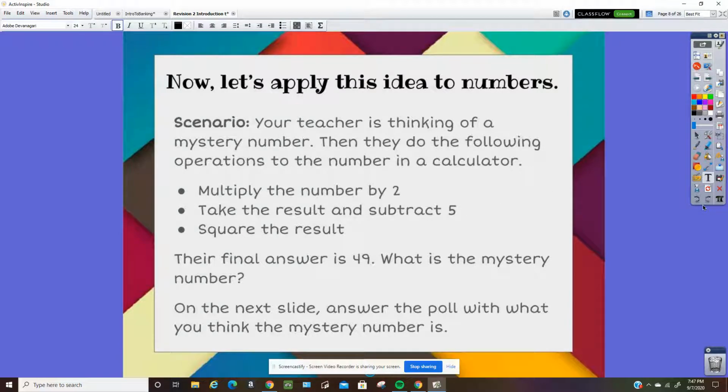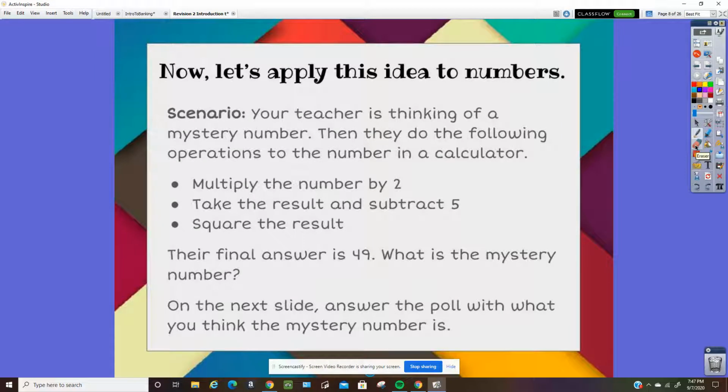So what you need to do first is, since the last thing we did was square the number, the first thing we're going to do here is, let me select a pen. I can't seem to get my tablet to work here, but let me use the mouse here. 49.